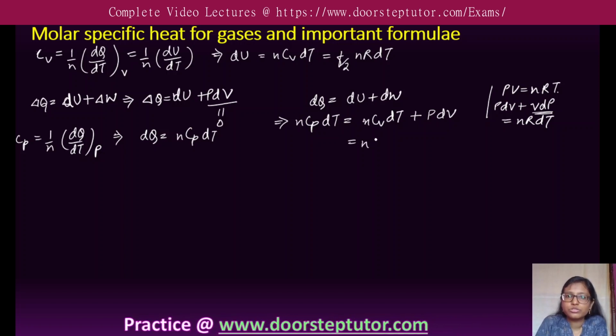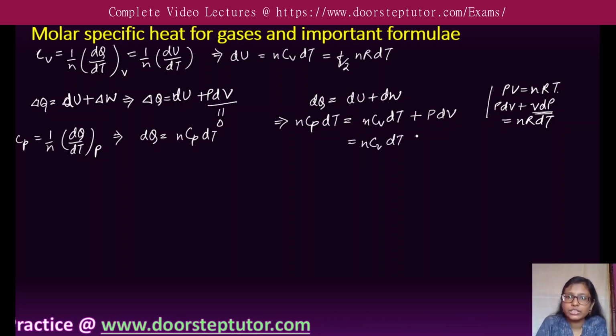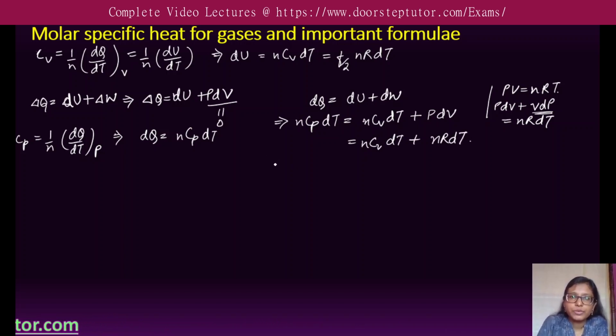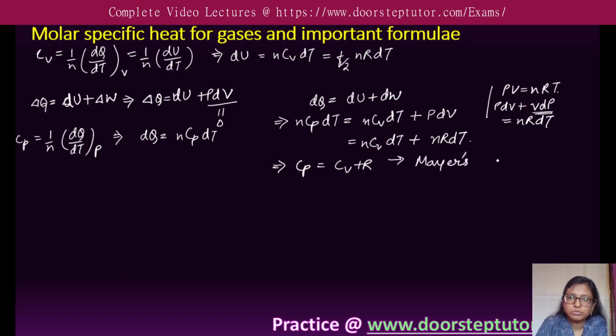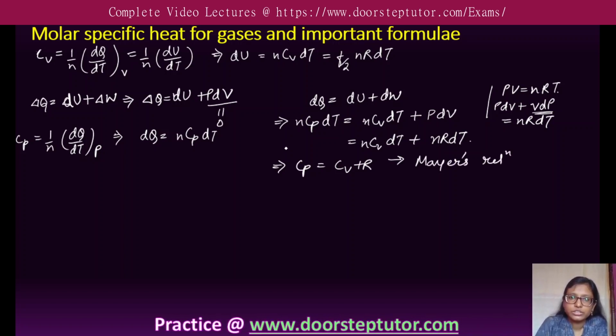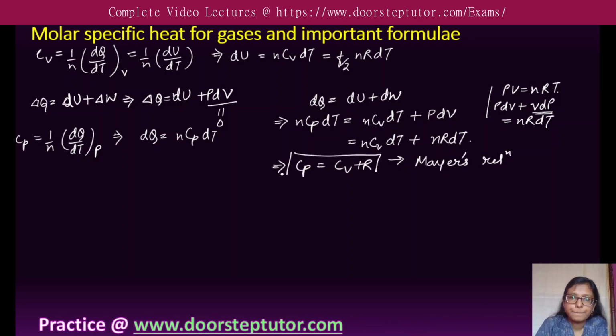So if we replace it here and divide by dT, from here we can write that Cp is equal to Cv plus R, which is Mayer's relation. Okay.